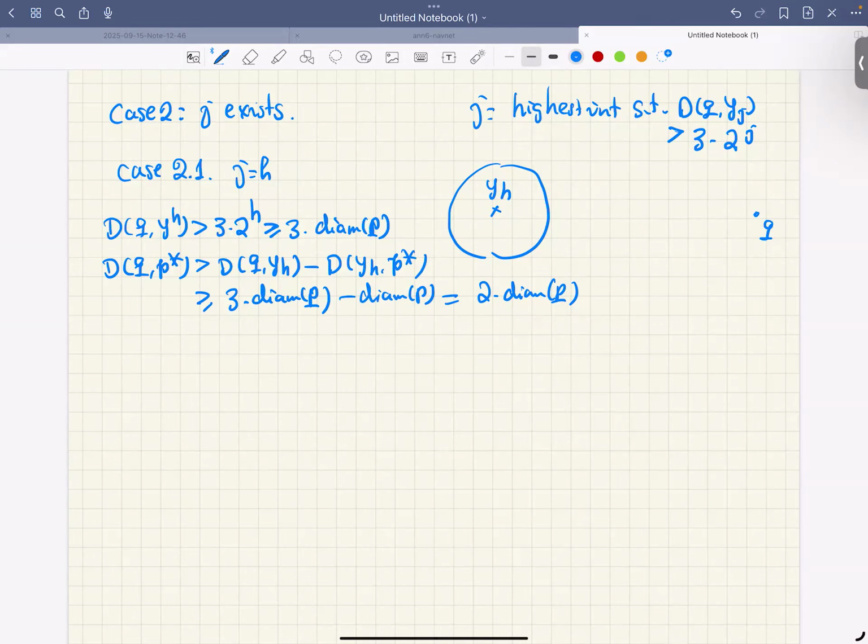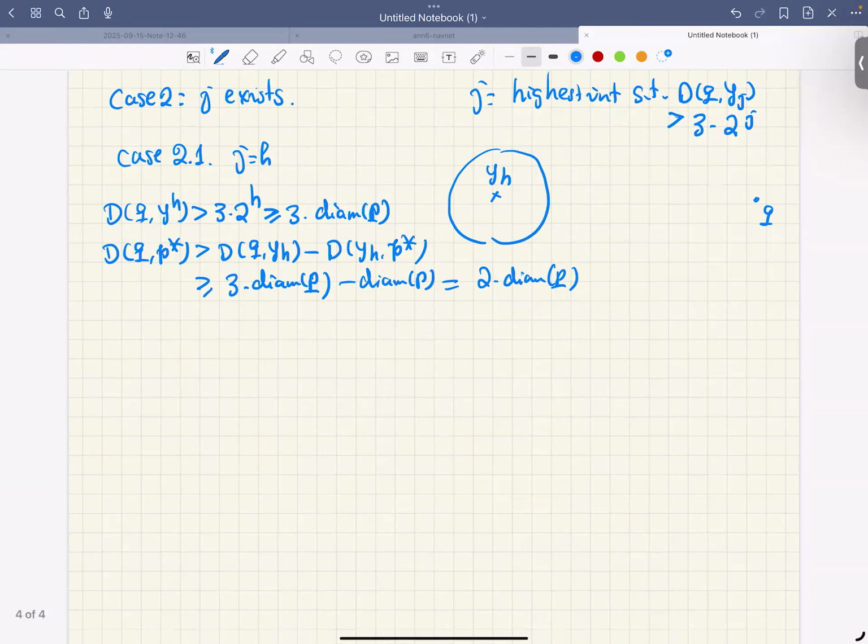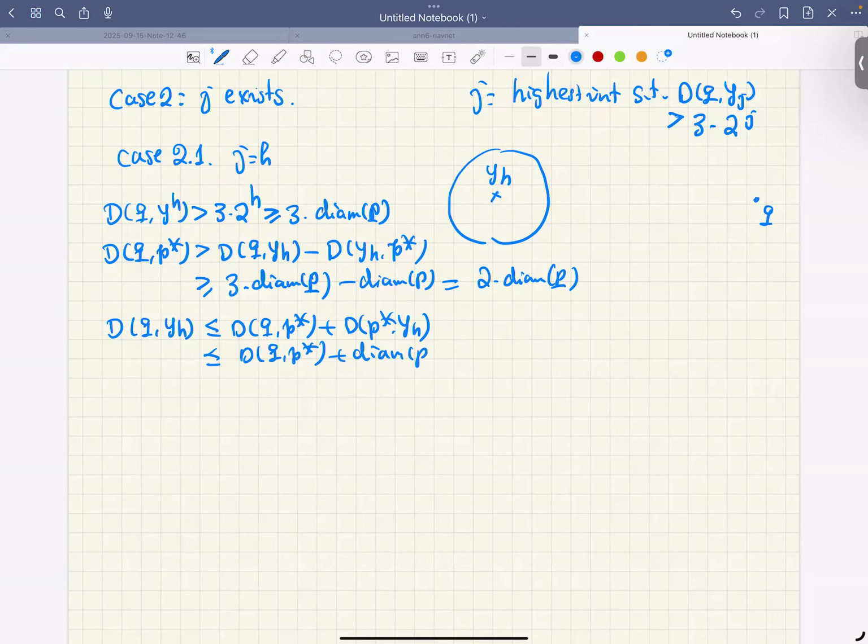So now I argue that this YH must be something good enough. Okay, so I apply triangle inequality. Once again, the second term is bounded by the diameter, because P star and YH are 2 points in the data set, right?